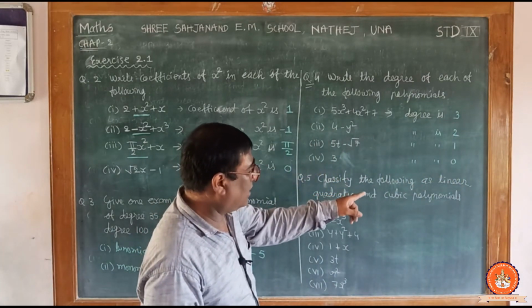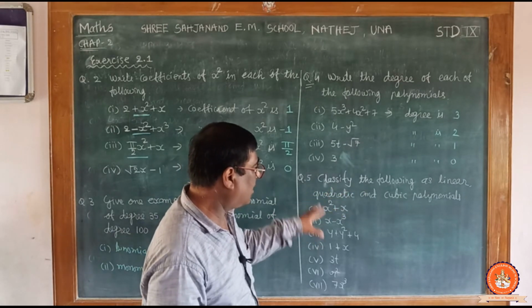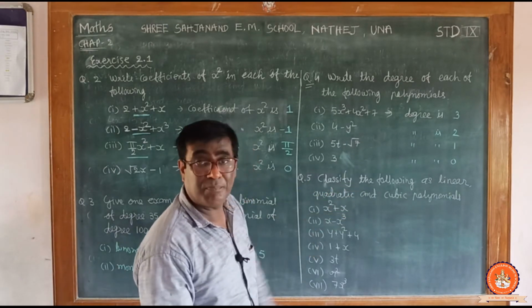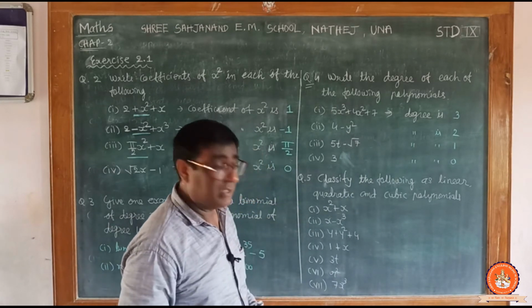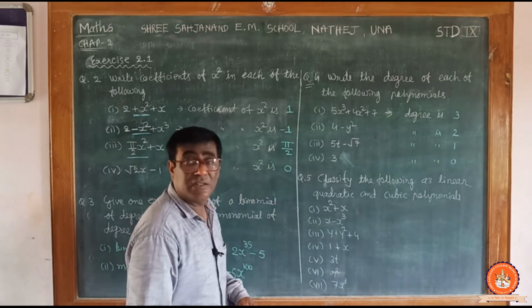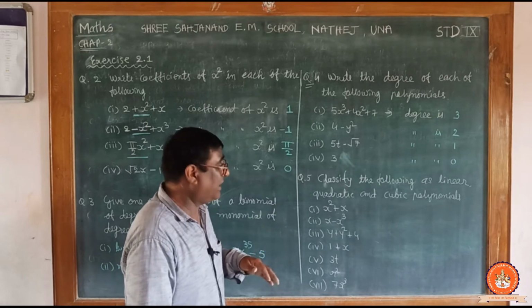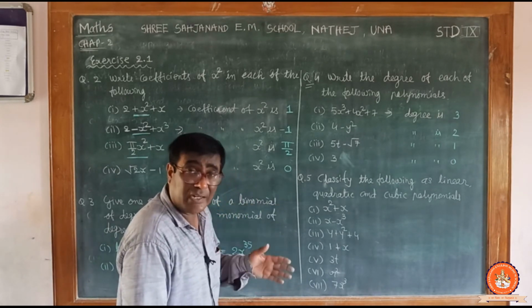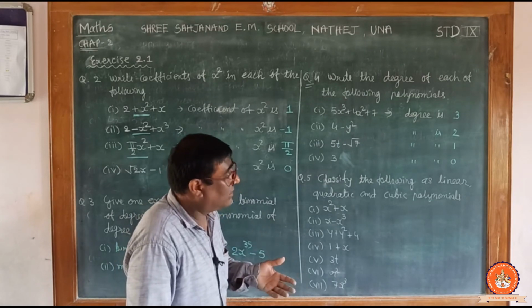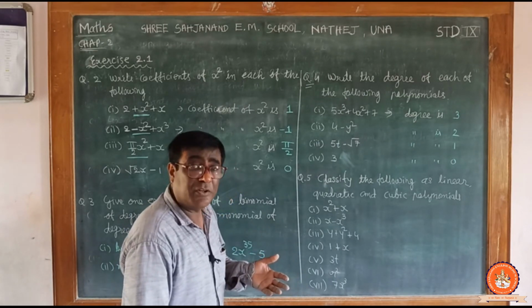classify the following as linear, quadratic and cubic polynomials. So 7 polynomials are given here. We have to classify whether the given polynomial is a linear one, a quadratic one or a cubic one. So which is a linear polynomial?